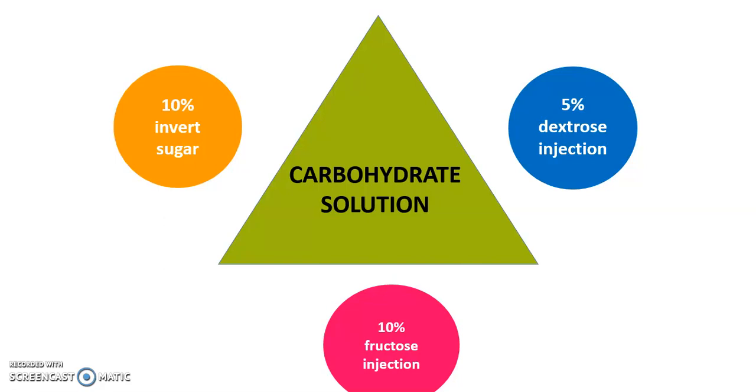Next is the 10% invert sugar. This invert sugar consists of an equal mixture of dextrose as well as fructose. The pH is maintained at 3.9, osmolarity is 555, and calories again 400.